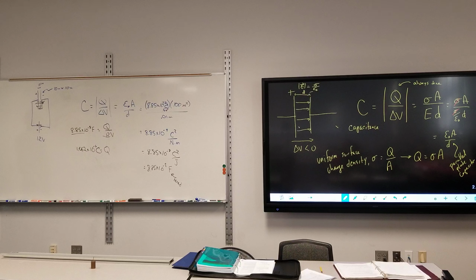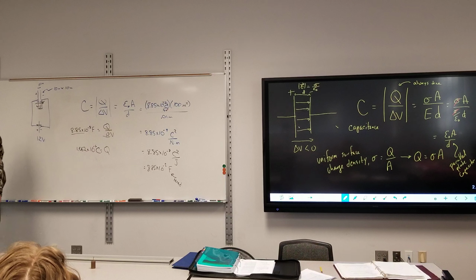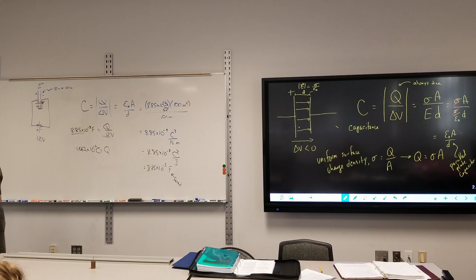All right, so I can increase the voltage. What else could I do? Look at the math. Does the distance between the plates affect the voltage?